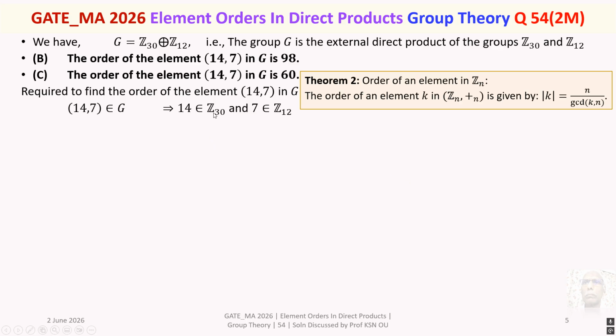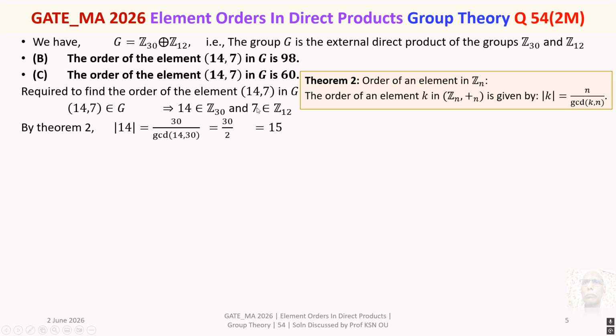Now 14 belongs to Z30. The order of 14 will be 30 by GCD of 14 comma 30. The GCD of 14 comma 30 is 2, so 30 by 2 is equal to 15.